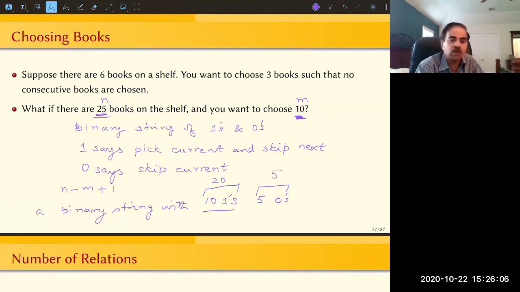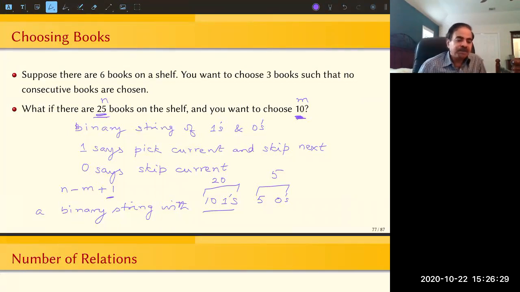You have only 25 books to cover, so you are covered everything. But the only catch is that the book you want to pick may be the very last one, in which case that one is not able to account for 2 books, because there is nothing to skip. And that's why you will need this plus 1 extra, okay?